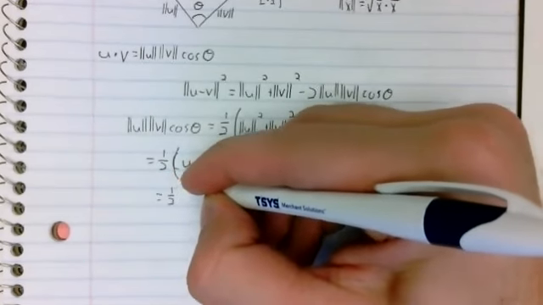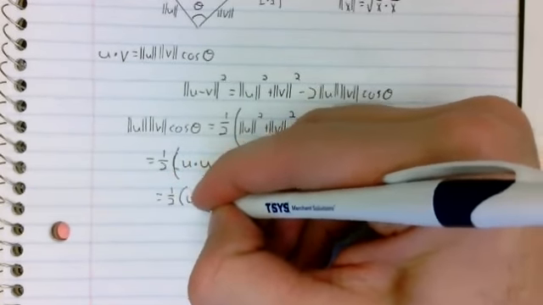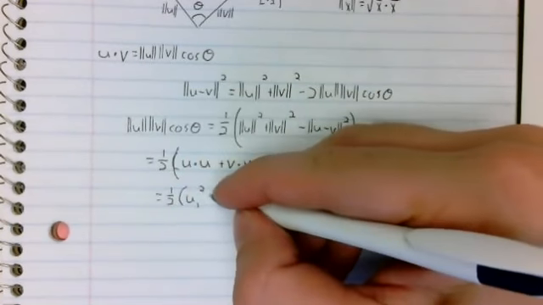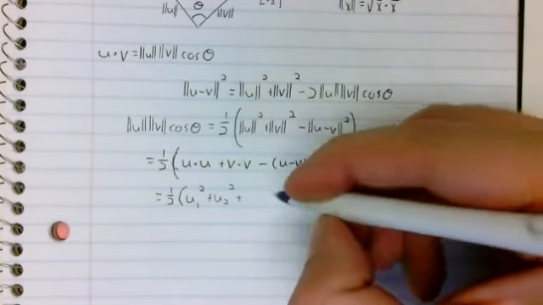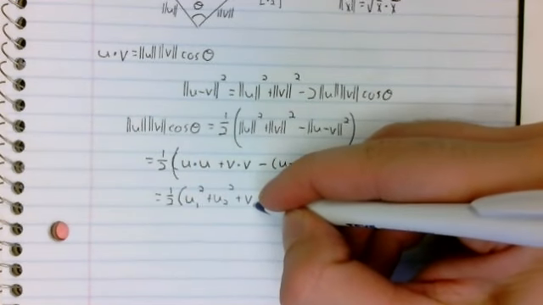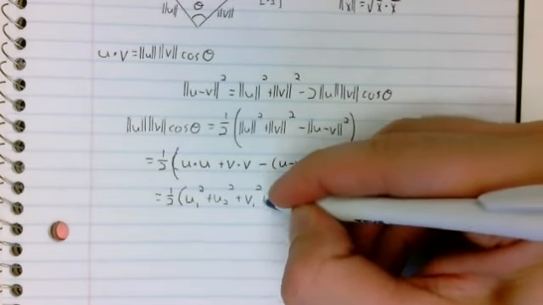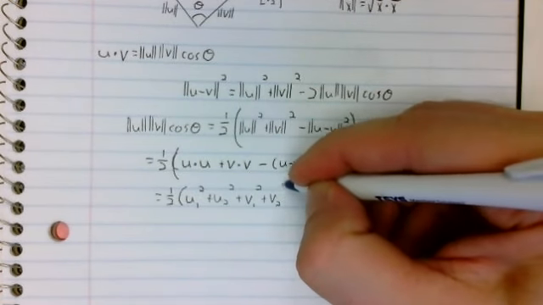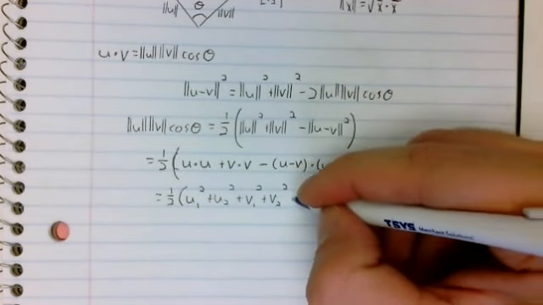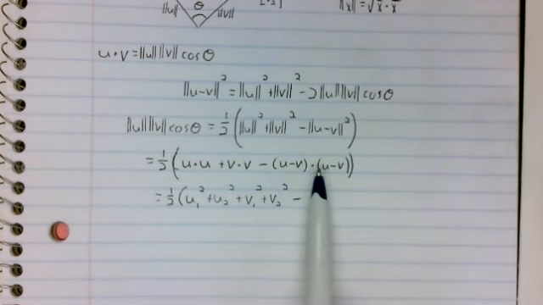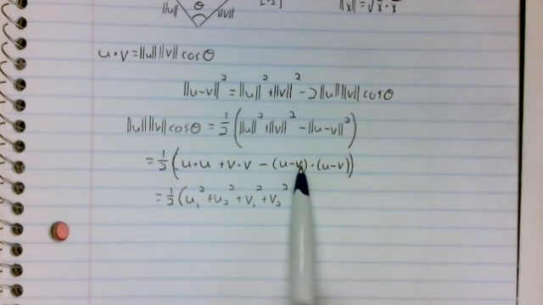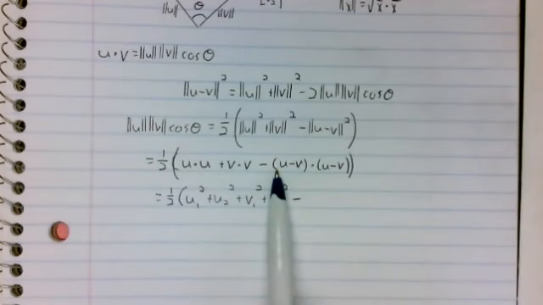So that's 1/2 u1 squared minus, okay, so this will be u1 minus v1, u2 minus v2.